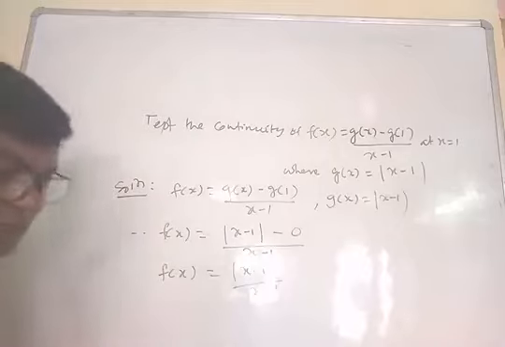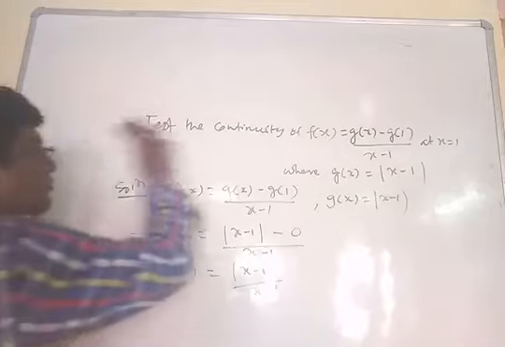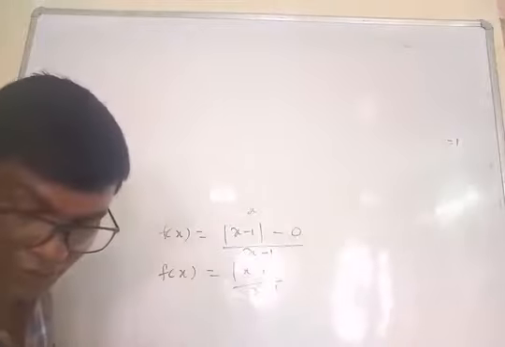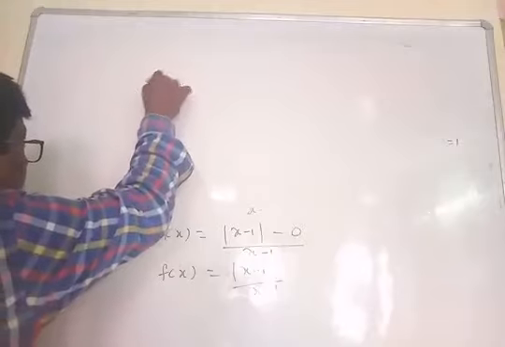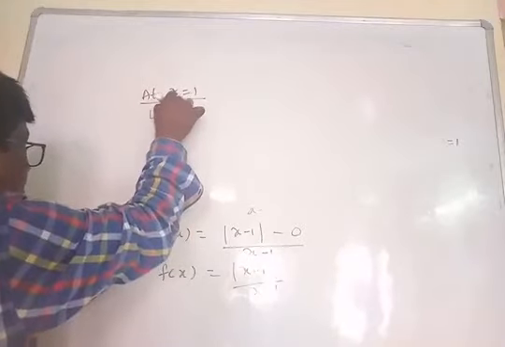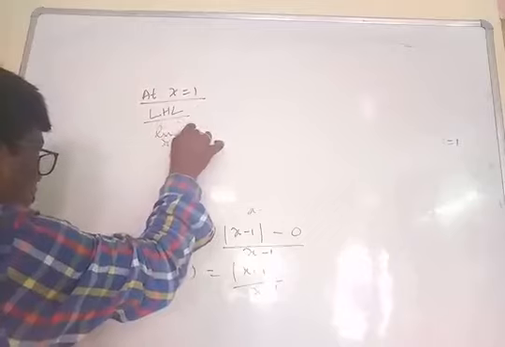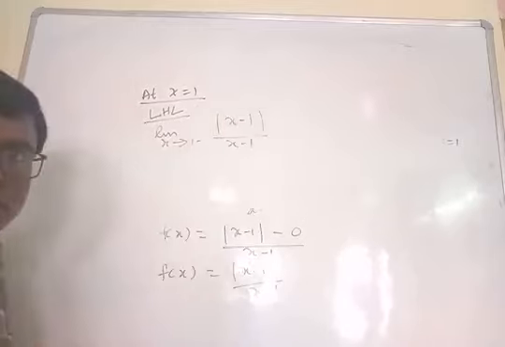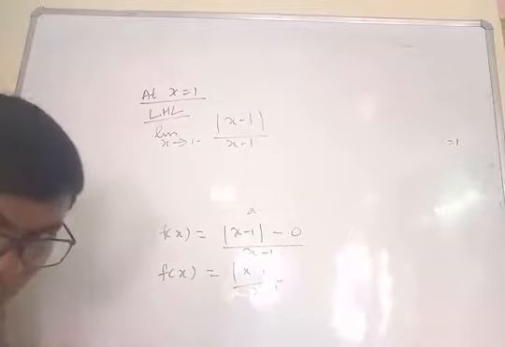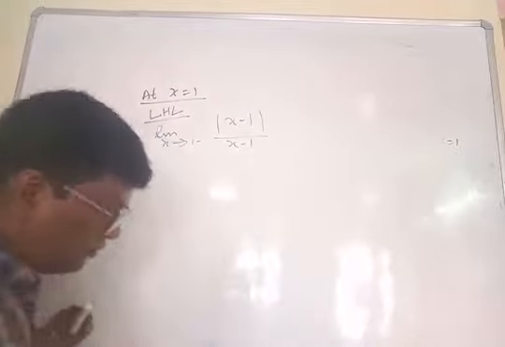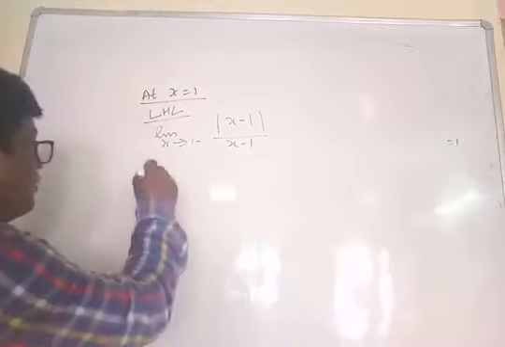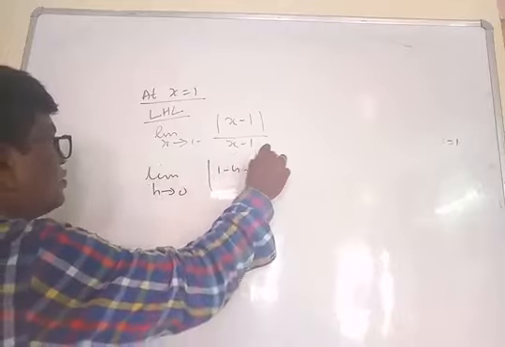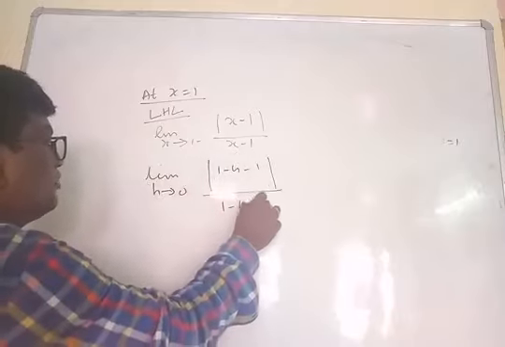Now at x is equal to 1, LHL, limit x tends to 1 minus of mod of x minus 1 divided by x minus 1, and this is limit h tends to 0 of mod of 1 minus h minus 1 divided by 1 minus h minus 1.